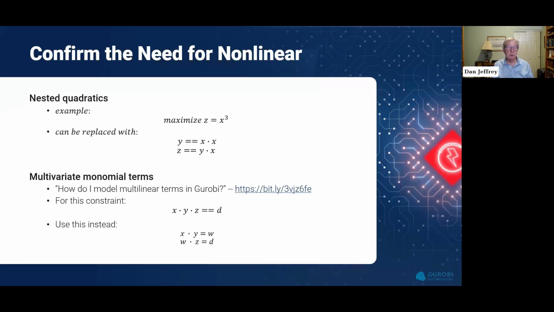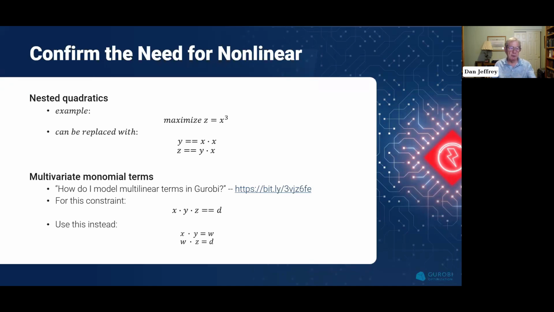Sometimes you can overcome this if you want to avoid general nonlinear terms like x to the 3. You can overcome it by nesting quadratic terms to replace it. So if you want to avoid pure nonlinear terms for performance reasons, this might help.